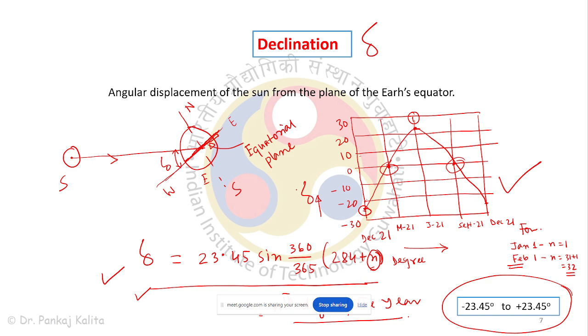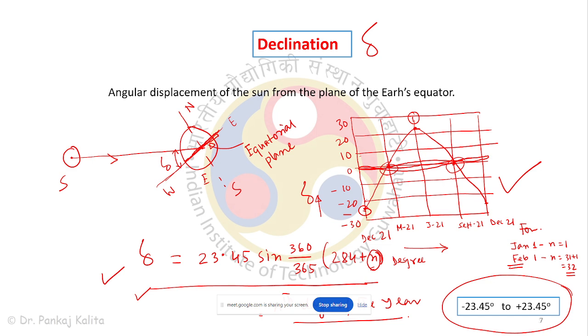Okay, so basically if this is your line, 0, the declination angle varies from minus 23.45 to plus 23.45. Equinox means we have equal day and night, and solstice means day is greater than night or night is greater than day.